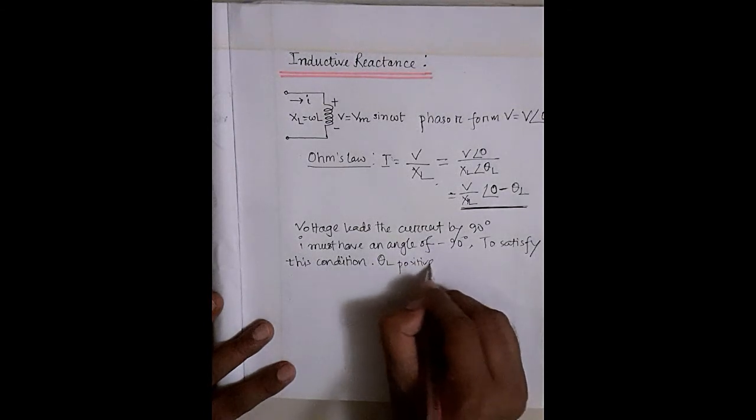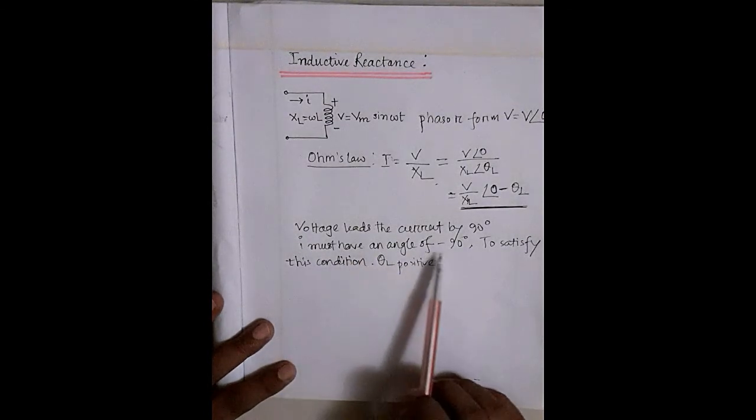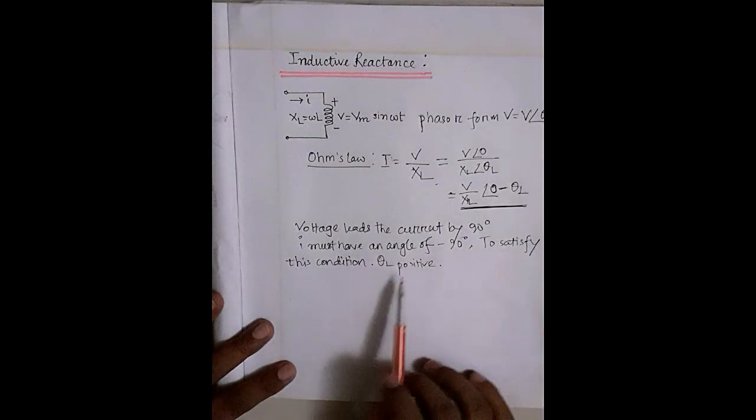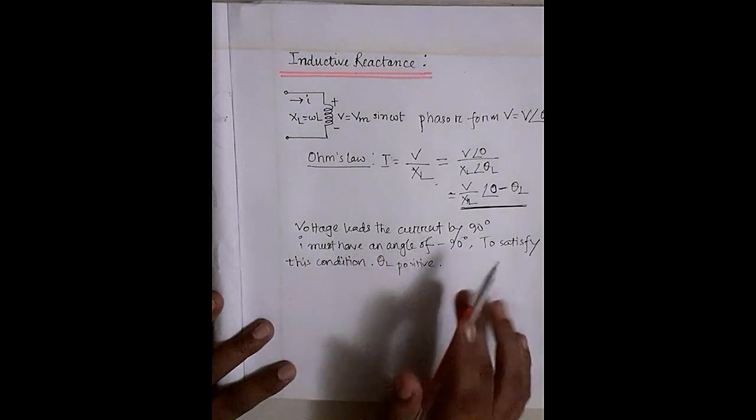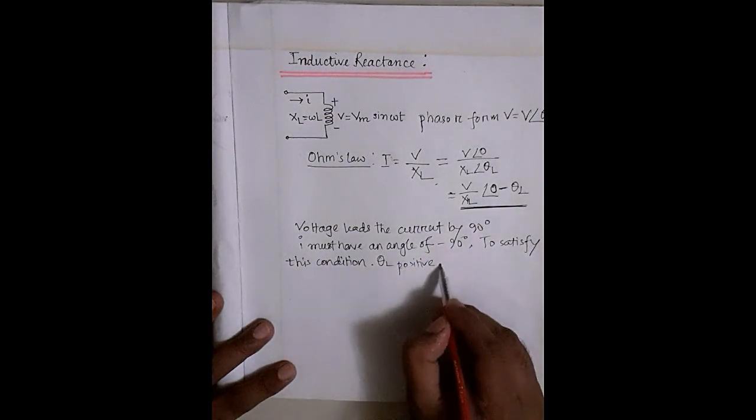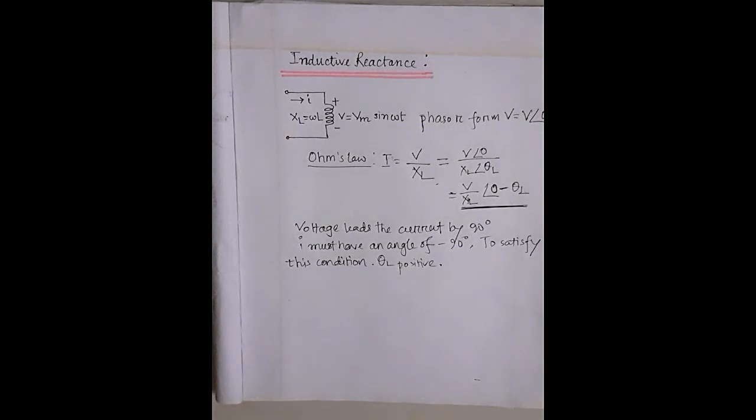So this is what we need to remember. I must have an angle of minus 90 degrees. To satisfy this condition, theta of L should be positive. So this is what you need to remember.